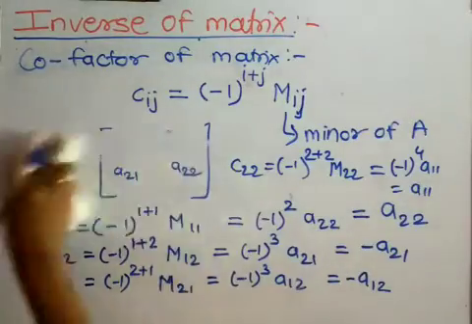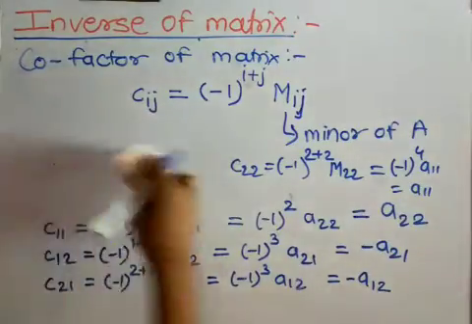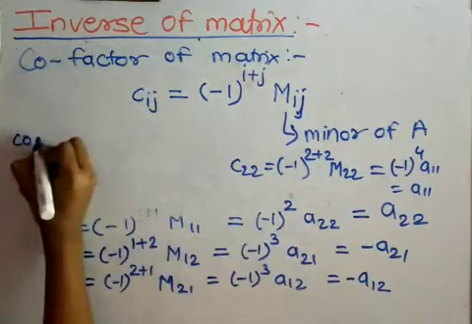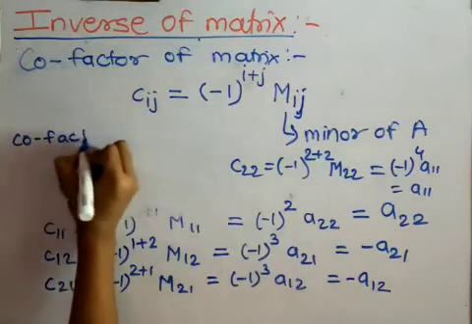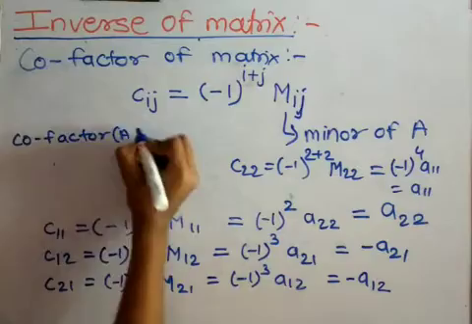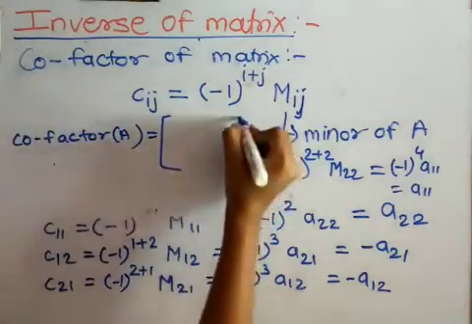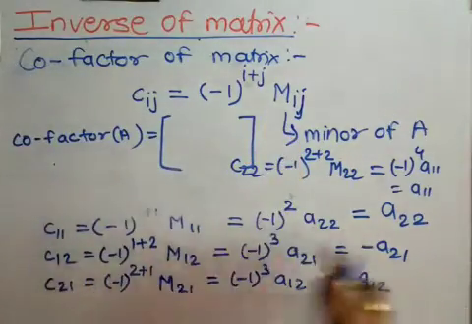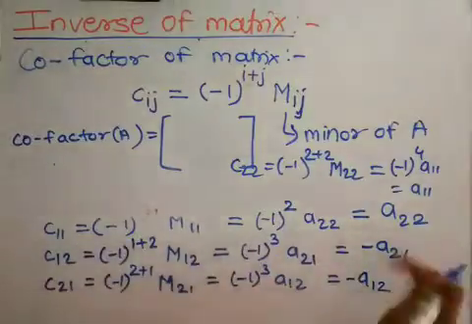So what is the cofactor matrix? The cofactor matrix C will become: the first entry C11 is A22.